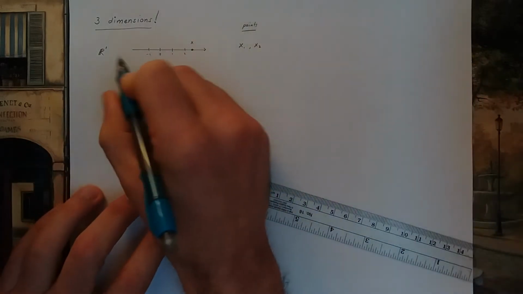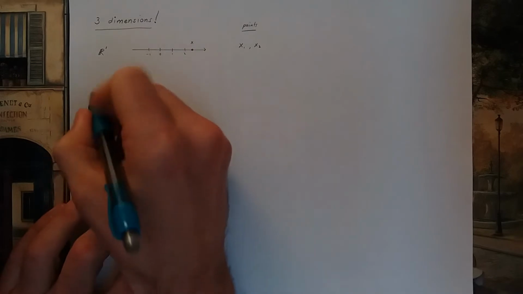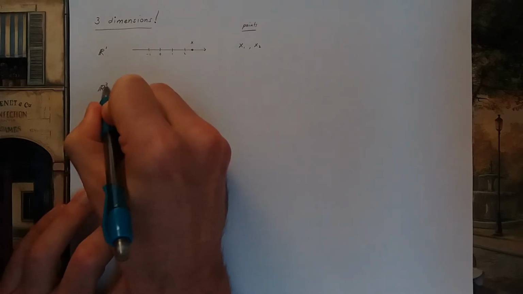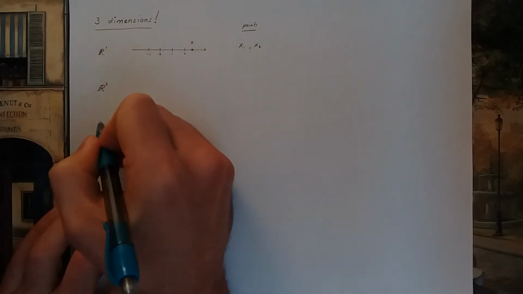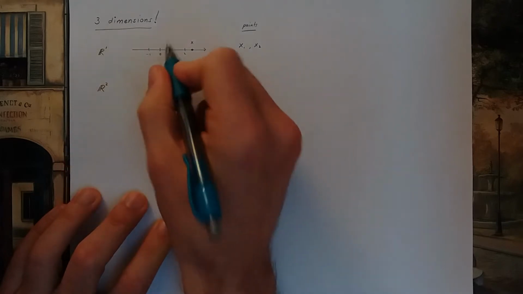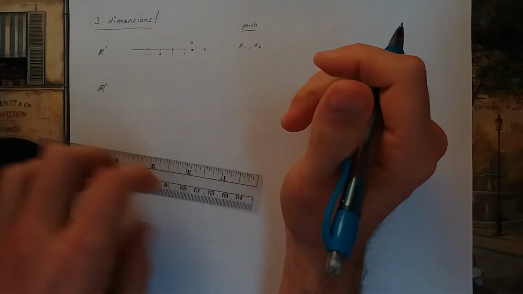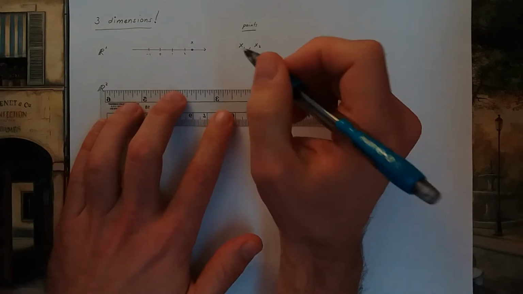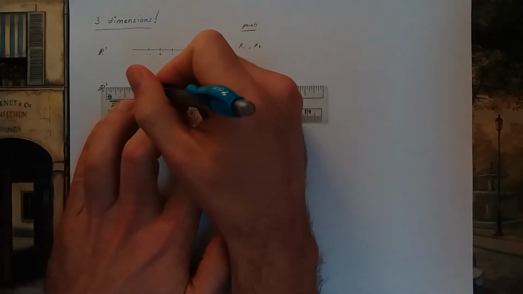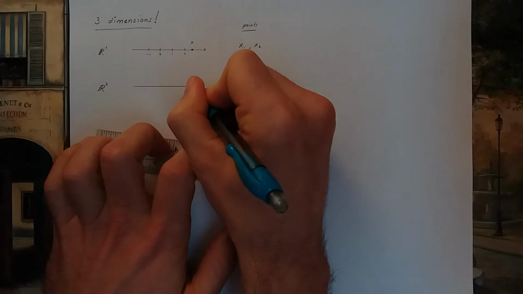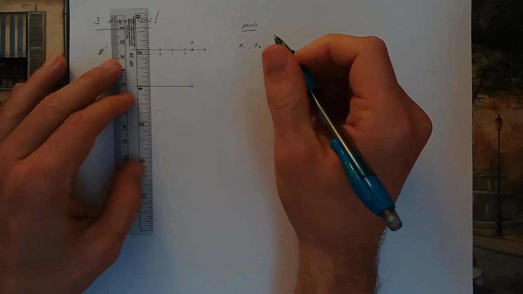That's one real dimension. We've also been playing with things in R2. That's when I have 2 real axes instead of just one, an x-axis and a y-axis. So in R2, we're pretty much comfortable with drawing 2 coordinate axes.